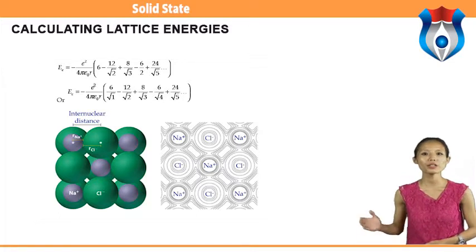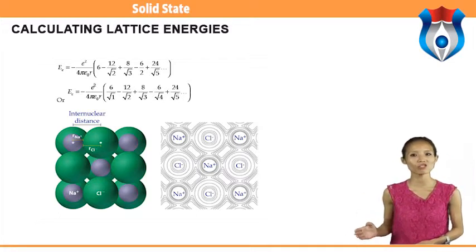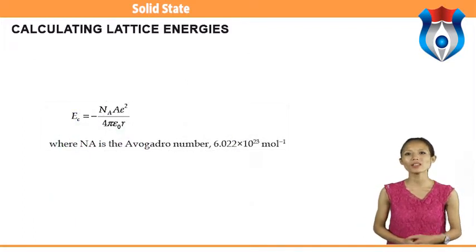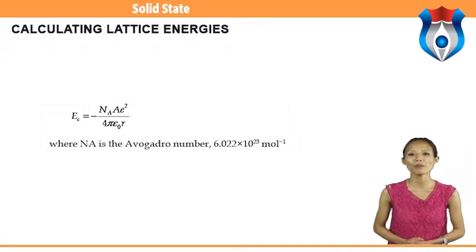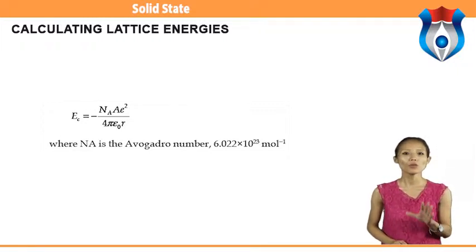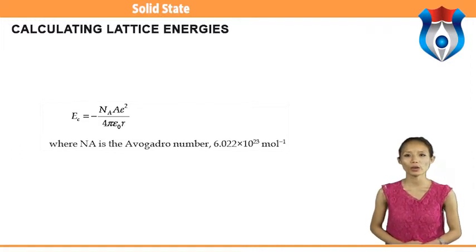The Coulombic energy of interaction, given by the summation of all these interactions, is given as equation 7. The term inside the bracket is known as the Madelung constant A, in this case for the NaCl structure. The series is slow to converge, but values of the Madelung constant have been computed not only for NaCl but also for most of the simple ionic structures. For 1 mole of NaCl, we can write the equation as equation 8.